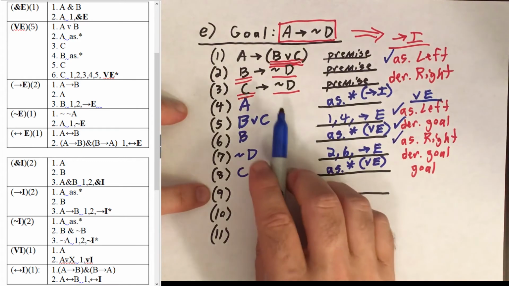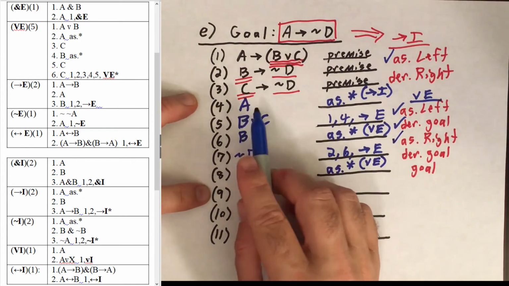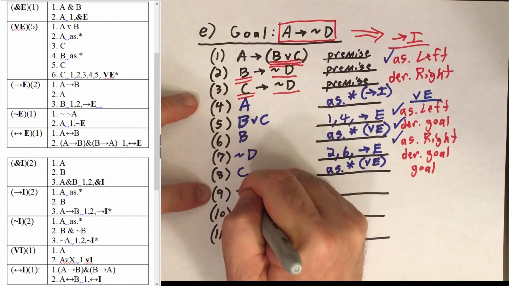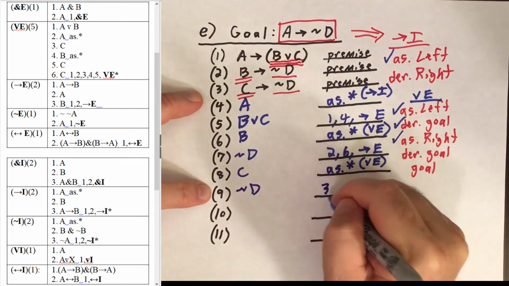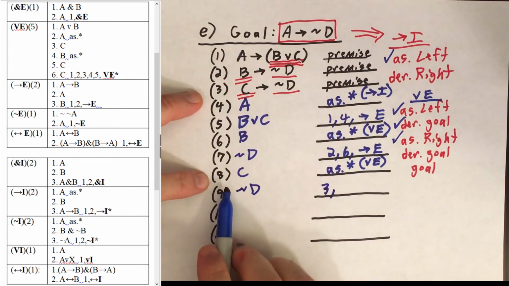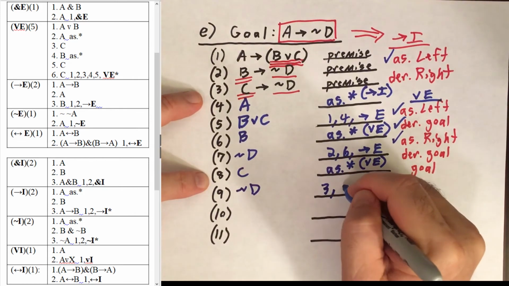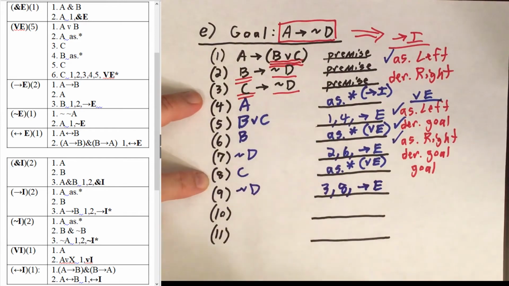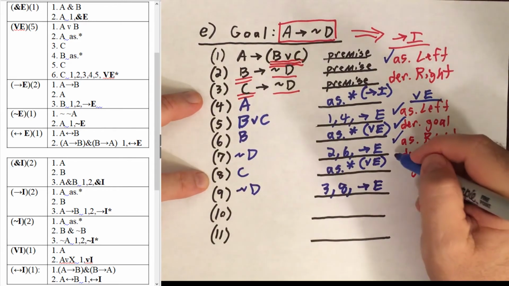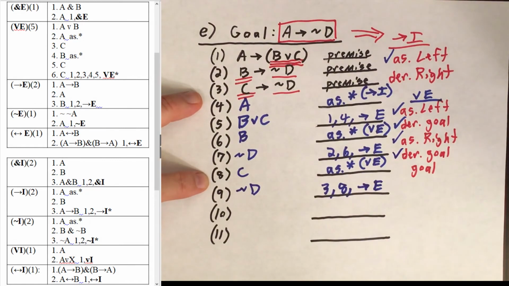What is my subgoal? Negative D. Look at it. It's ready to take out of line 3. I have the conditional in 3 because I proved the right side in line 8. That is a conditional elimination. I took apart line 3. What did I do? I was able to derive my goal again.